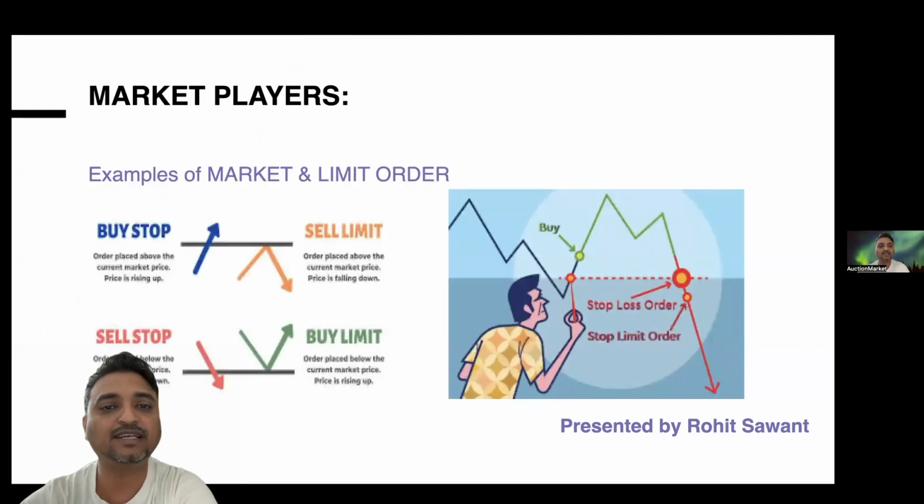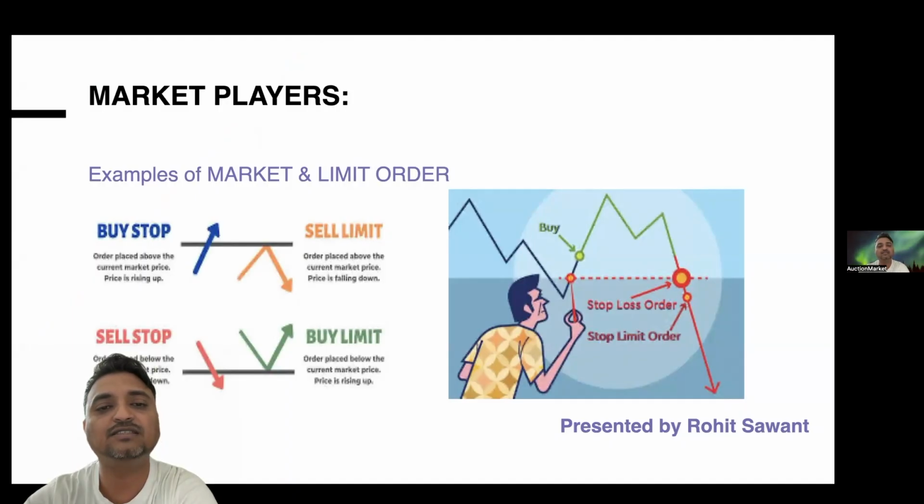So yeah, here is an example of market order and limit order. Whenever somebody is trying to buy at the bottom, or somebody is trying to buy at the top or a bottom and the price crosses, then we need to understand: suppose the price is going up but at a certain resistance it is not able to cross.